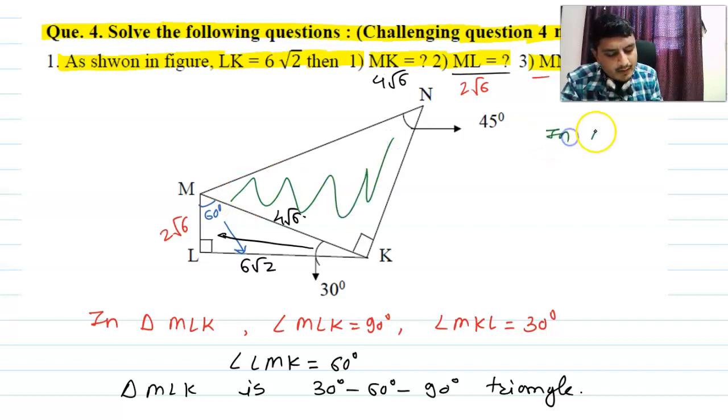So I am writing here, in triangle MKN, we have angle MKN equal to 90 degrees.